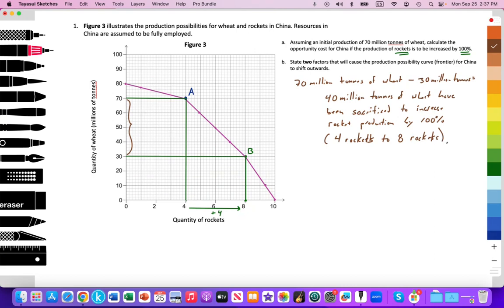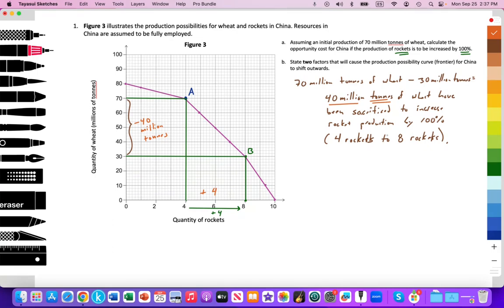Okay, so the opportunity cost is the 40 million tons. So the value here is we've dropped production by 40 million tons. These are notes to myself, so I understand what's going on, to increase rocket production by another, in this case, 4 units of rockets.